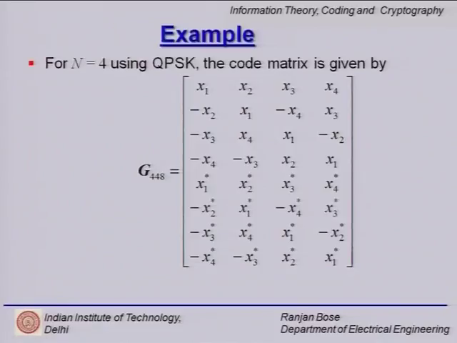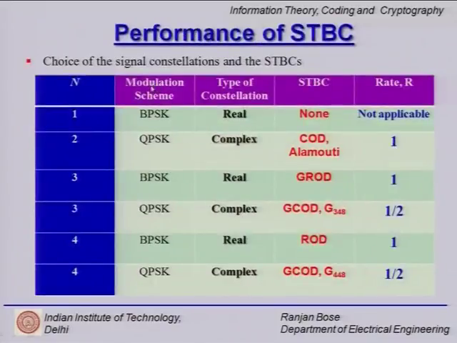So, just to bring that to a conclusion, for the n is equal to 4 QPSK condition, if we take this last row into consideration, what exactly did we do?